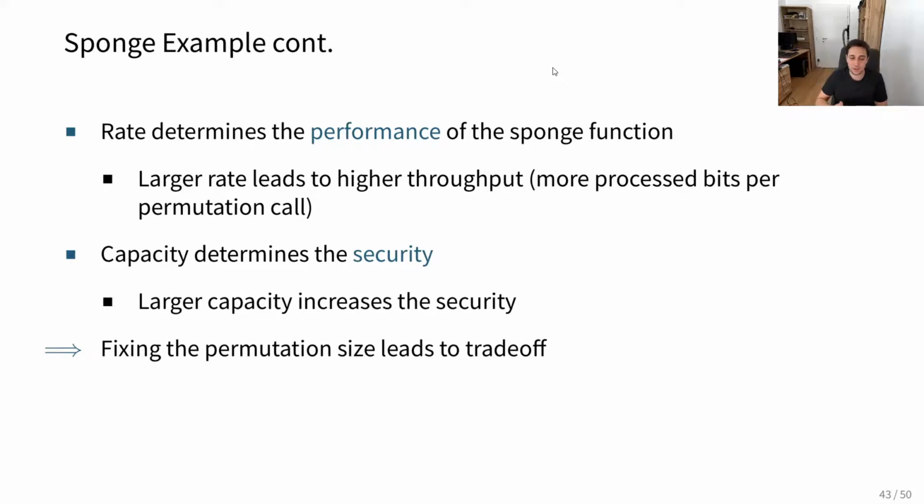If we increase the capacity part, so we have more bits there where we don't do anything, we increase the security. So if we have a fixed permutation size of, for instance, 320 bits, then increasing the rate decreases the capacity and vice versa. So we have a trade-off between performance and security in a sponge for a fixed permutation size.